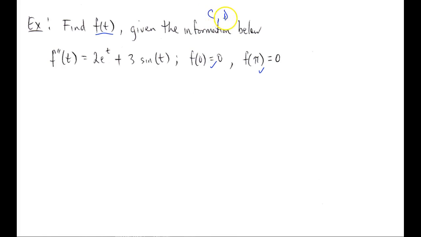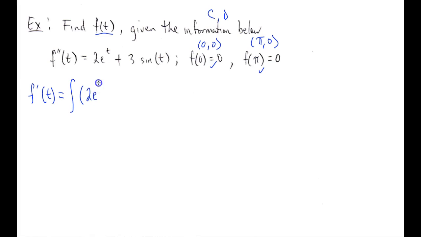That means we have 2 unknowns, and in order to figure out what those unknowns are, you need at least 2 equations. By us having these initial conditions here, we essentially have the 2 equations that we need. This effectively says I have the point 0, 0 on the graph and the point pi, 0 on the graph. So let's go and find the first derivative.